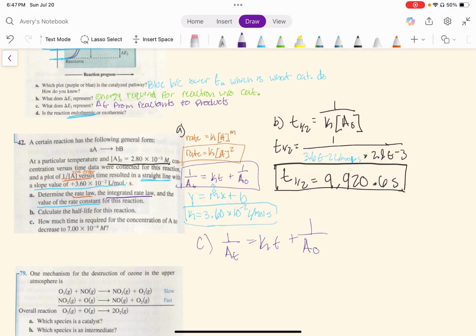Since At is the concentration after a certain amount of time, the question gives us what At was going to be.